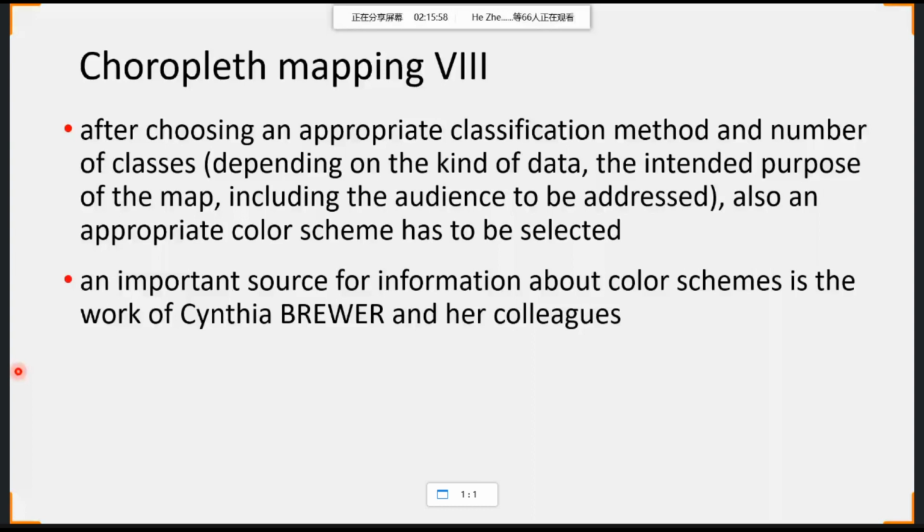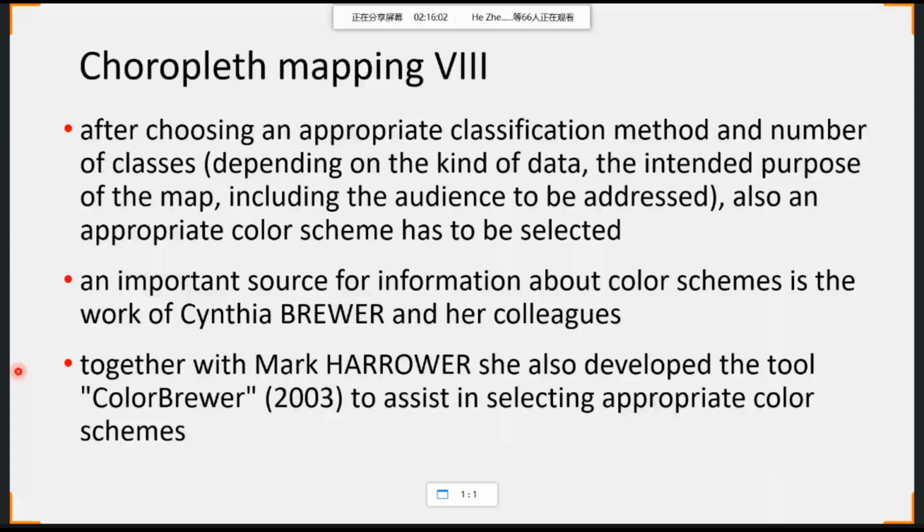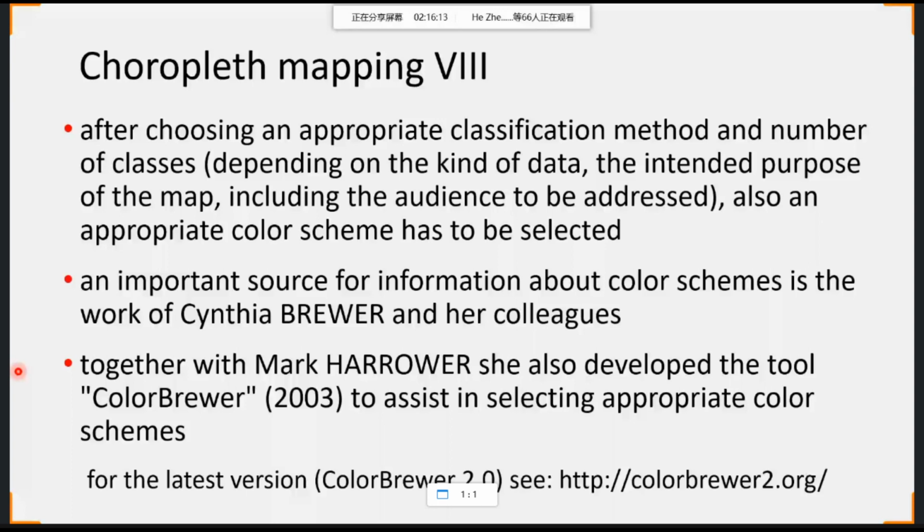Together with Mark Harrower, she also developed the tool ColorBrewer in 2003 to assist in selecting appropriate color schemes. For the latest version, you can check out this site on the internet, colorbrewer2.org.